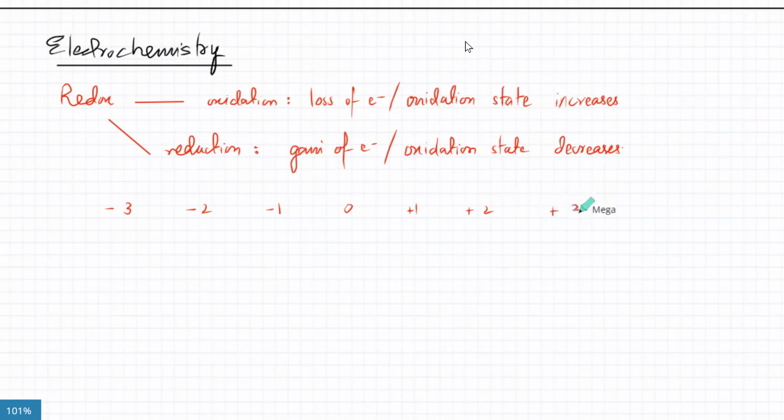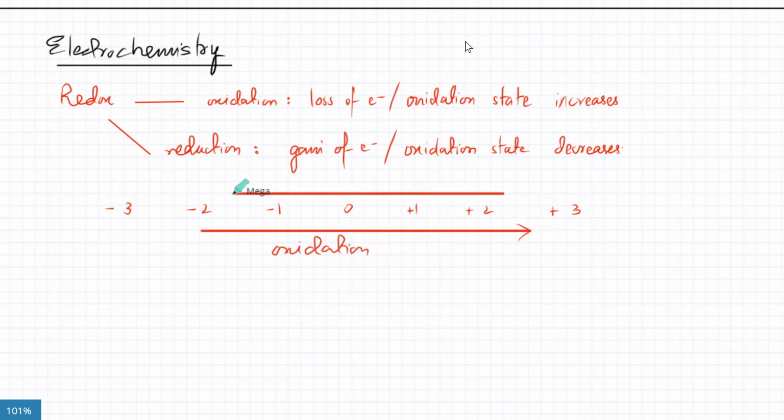No matter what the charge is, if the oxidation state increases, that is oxidation. So you're going from -2 to -1, or 0 to +1, or +1 to +3. That is oxidation, and vice versa. If you're going downwards, if you're becoming more negative, that means reduction is happening. So that is reduction.